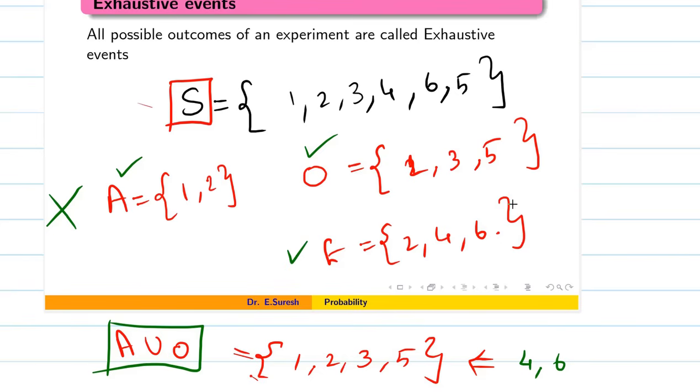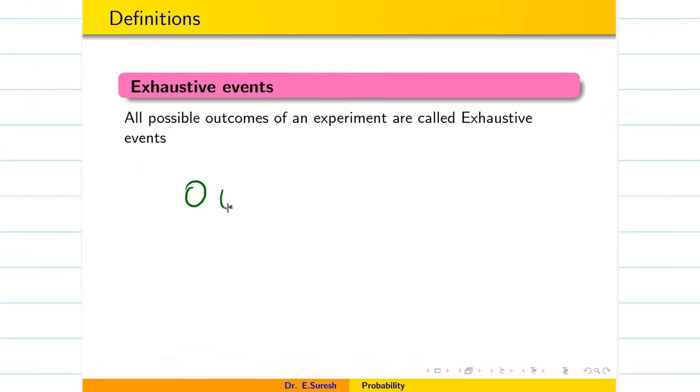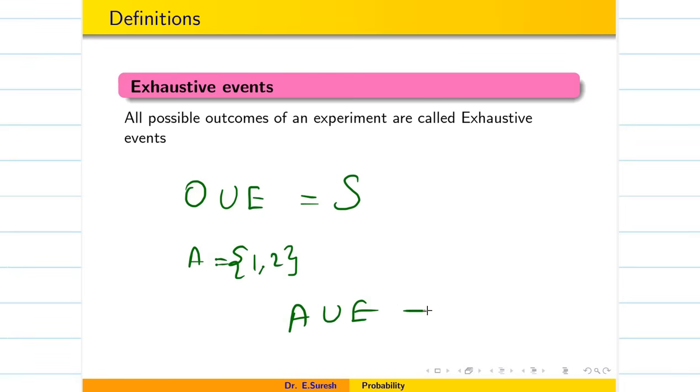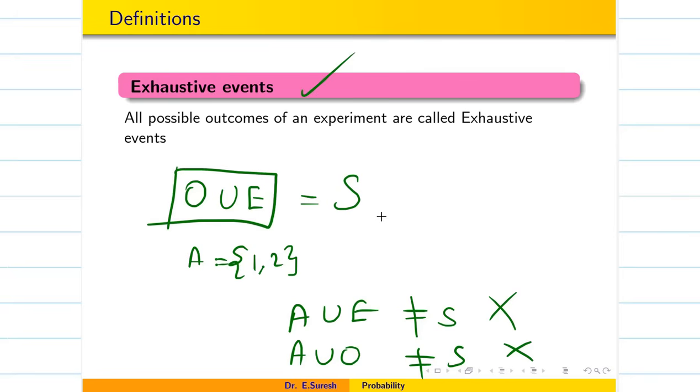But if I take O and E, O union E, I will get the original sample space 1, 2, 3, 4, 5 and 6. So odd number union even number is going to be my sample space. But if A is 1, 2, then A union E is not equal to S, and A union O is not equal to S. So A and E, A and O are not exhaustive events, but the union of odd number and even number is exhaustive because it is covering the whole sample space.